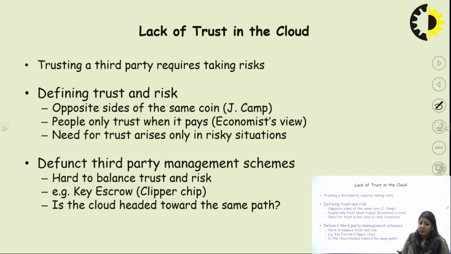We all know that over the public cloud the data is at risk, because channel attacks are there on the network and there are various threats, so there is a problem of trust. Defunct third-party management schemes make it hard to balance trust and risk. For example, key escrow; is the cloud headed toward the same path? Fine, this is one example.